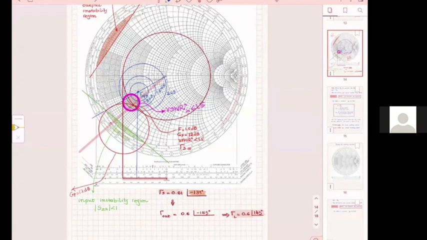You mean all of your noise circles to be inside your gain? No, I mean the gain circle, the red one. If it clips inside of one and you choose a gamma S that gives you that point, you would still have a noise less than the circle. Yes, you could.